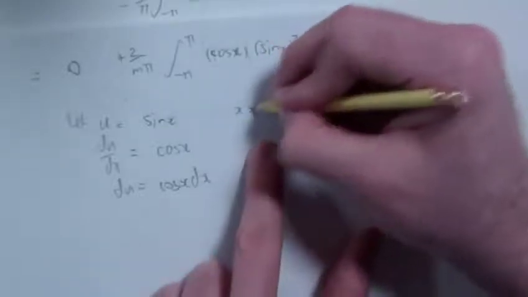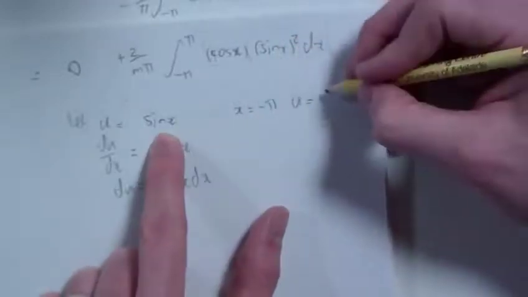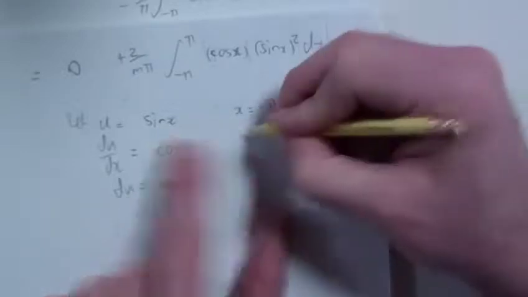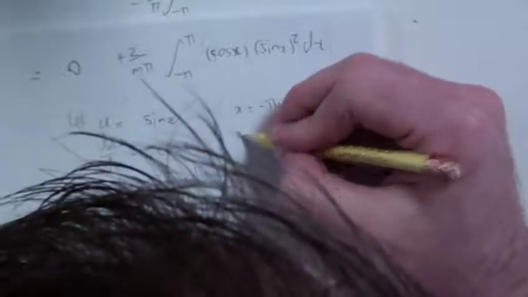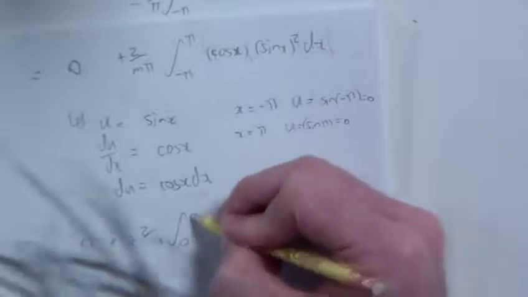If x is equal to minus pi, then u is equal to sine of minus pi. And if x is equal to pi, then u will be sine of pi, which is also 0, isn't it? This is not looking good, is it? Because they're going to all be 0. From 0 to 0 of u squared du, which would be, of course, 0.